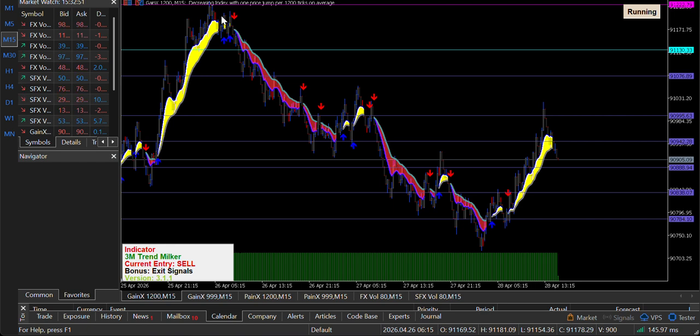Those places are also called the resistance zones and the support zones, which can also be broken. If those places end up being broken, then definitely it will continue with the current trend. But if the market is unable to break out from those places, then it will switch into a new trend.